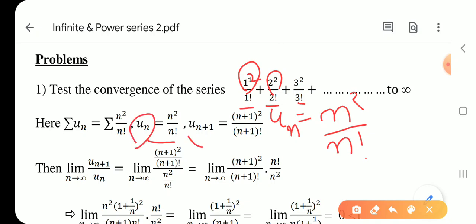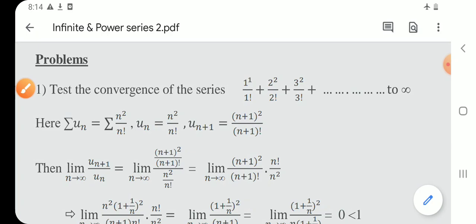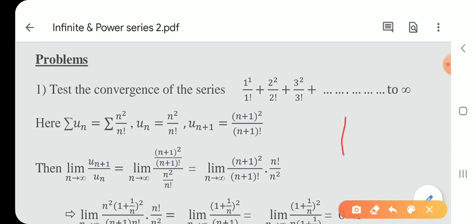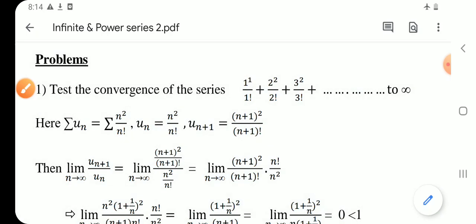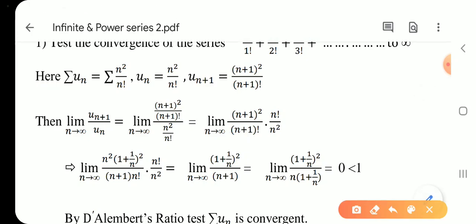So for the n plus 1th term, wherever n is there, we have to take n plus 1. So here where n is there, I will take n plus 1 whole square. Here also n is there, I will take n plus 1 factorial. Next step is, we have to divide this now and apply limit of n tends to infinity.